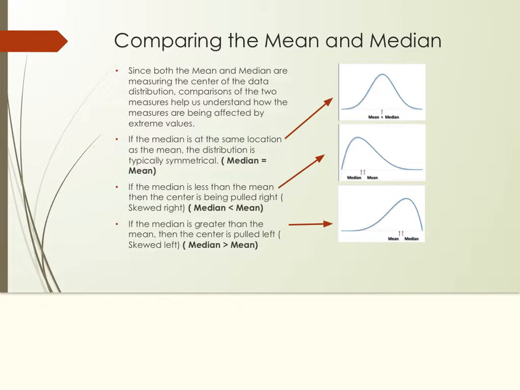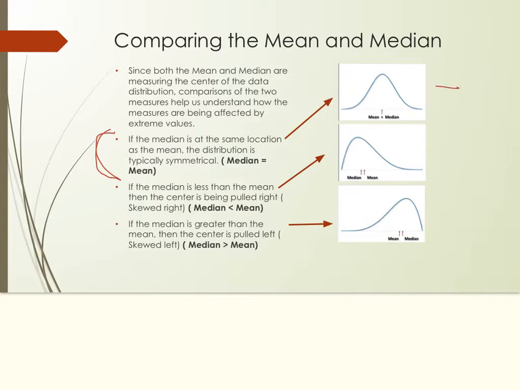Typically when we find the mean and the median for a data set, we want to compare the two values to see if there are any extreme values that may be affecting the calculation of the mean. If the median is at the same location as the mean, the distribution is considered symmetrical.